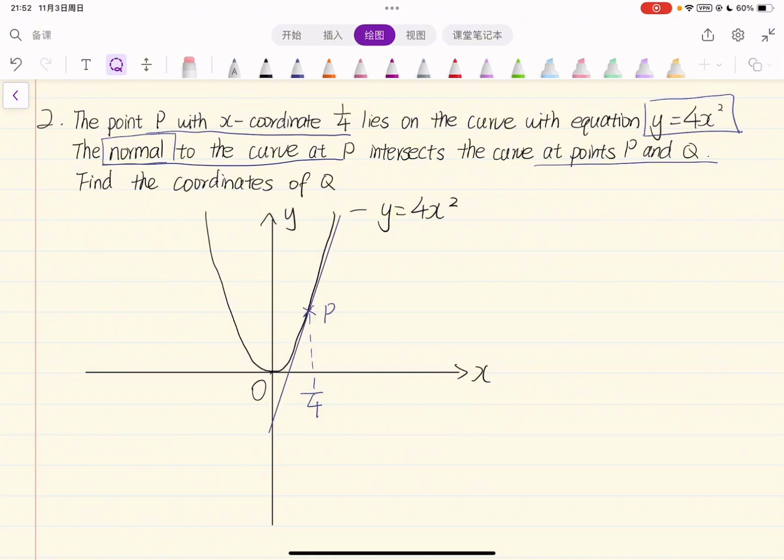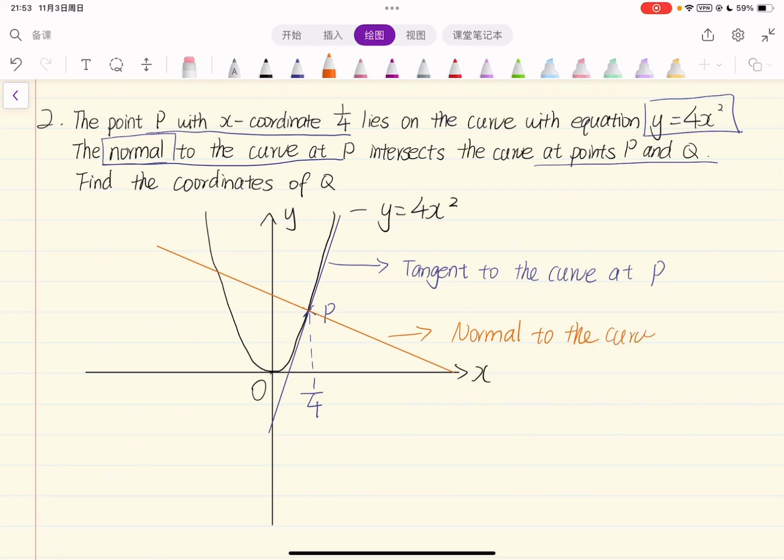Not so accurate, just to say that this is a tangent to the curve at point P. Now we know that the normal to the curve at P is perpendicular to the tangent to the curve at point P. So we draw the perpendicular line at point P. So here is the normal to the curve at point P.